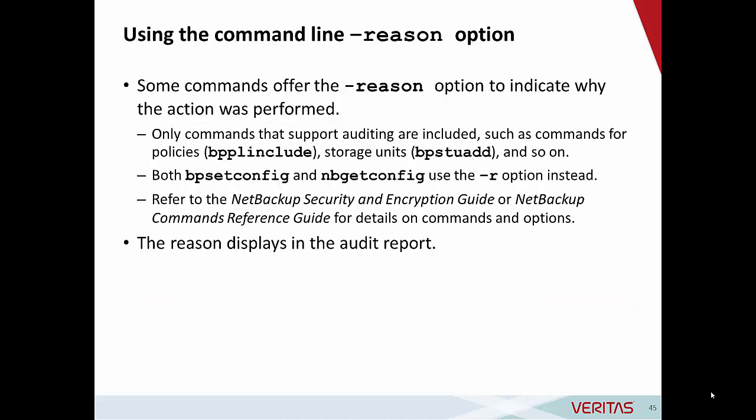Some NetBackup commands support the use of the -reason option, and that can be used to indicate why a particular action was performed. And if this switch is used, the -reason will be captured in the audit trails. Only commands that support auditing will support this, such as commands for policies or storage units.